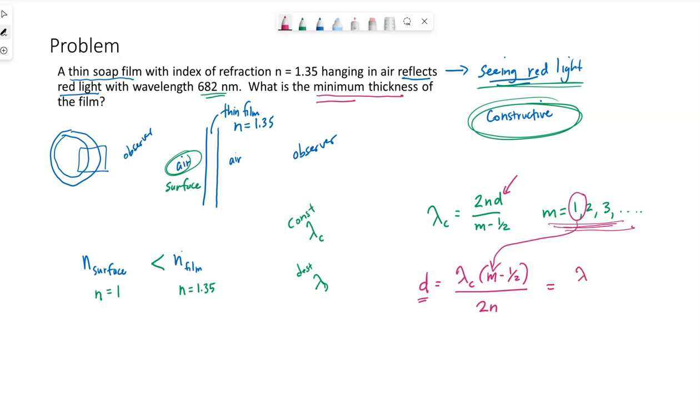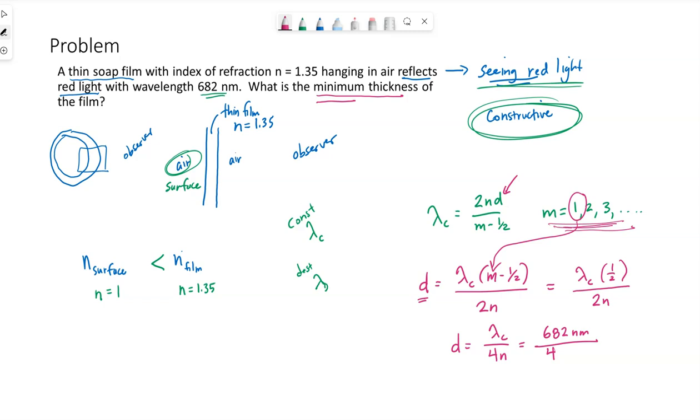So by plugging in 1 for m, that quantity, m minus 1/2, just becomes 1/2. And so for D, we get the wavelength for constructive interference over 4n. They tell us the wavelength is 682 nanometers. I'm going to leave it as nanometers.